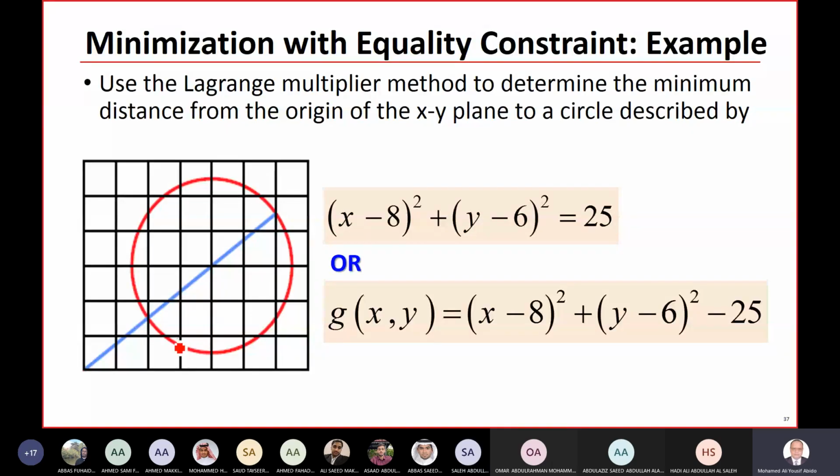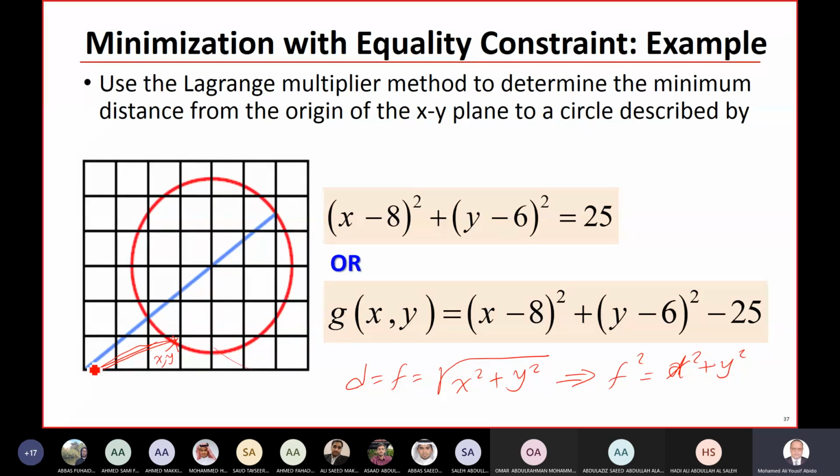What you can do is say any point here is (x, y). So the distance between the origin and this point is d, the cost function, equal to the square root of x² + y². Or we can write f² = x² + y².